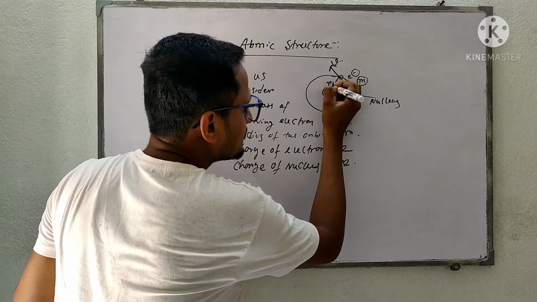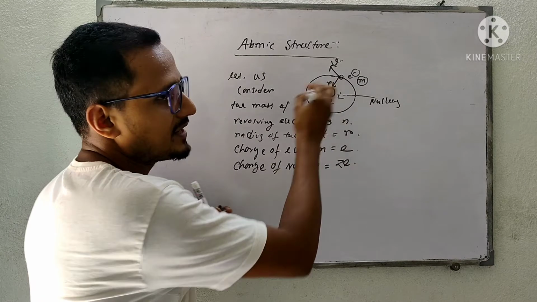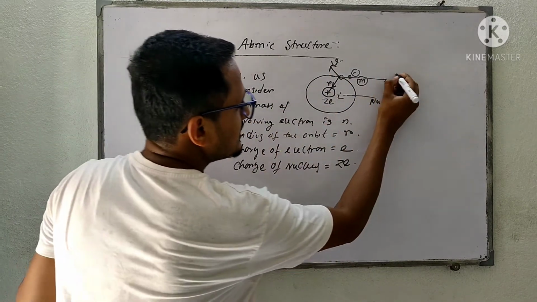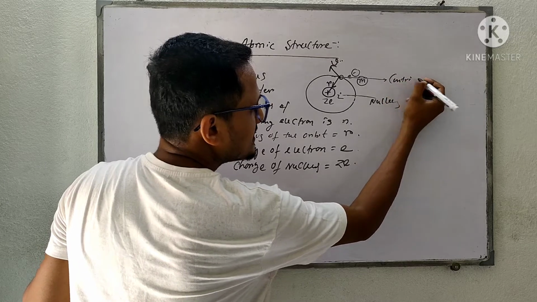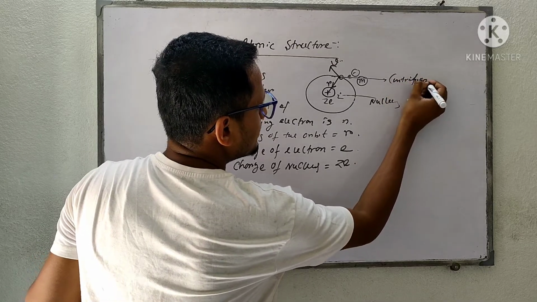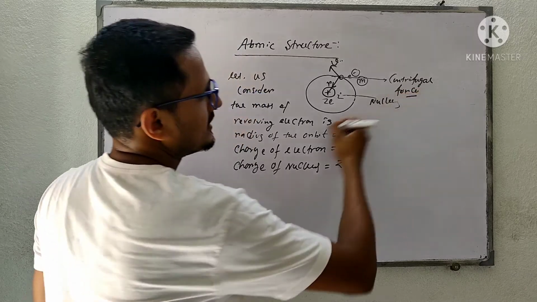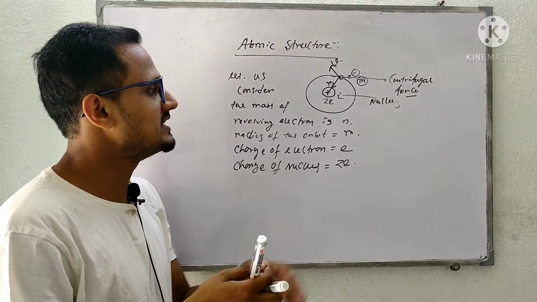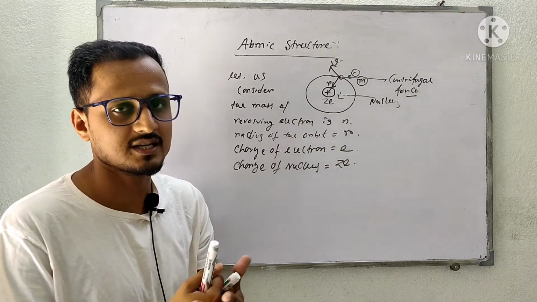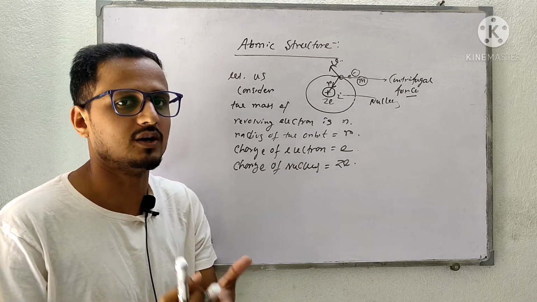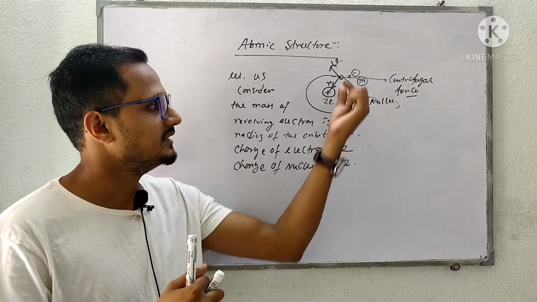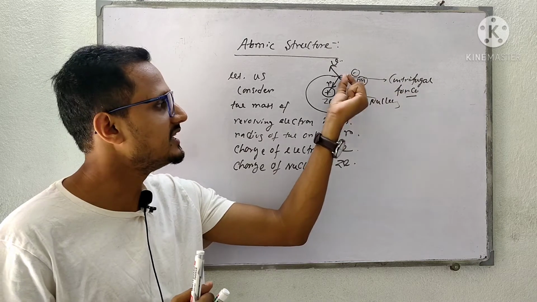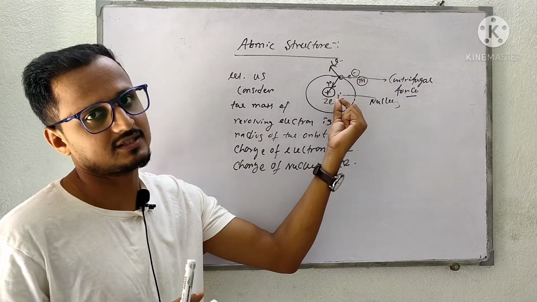So the nucleus will attract the electron by the Coulombic attraction force, and there will be another force outside, the centrifugal force, which is neutralizing this centripetal force. So both the centrifugal force and the centripetal force, that means the Coulombic attraction force, will be equal. So this Coulombic attraction force is neutralized by the centrifugal force, so that the electron will not come into the nucleus.